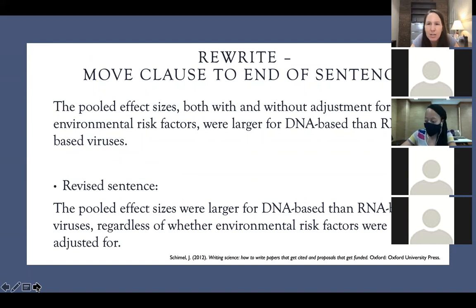Hopefully you can see here that this is much easier to process and your readers aren't going to stumble over what you're saying and have to slow down and go back and reread the beginning of your sentence and figure it out. You really want to be thinking about ways that you're not going to slow your reader down. You're not going to have your reader stumble over what they're reading and have to reread.